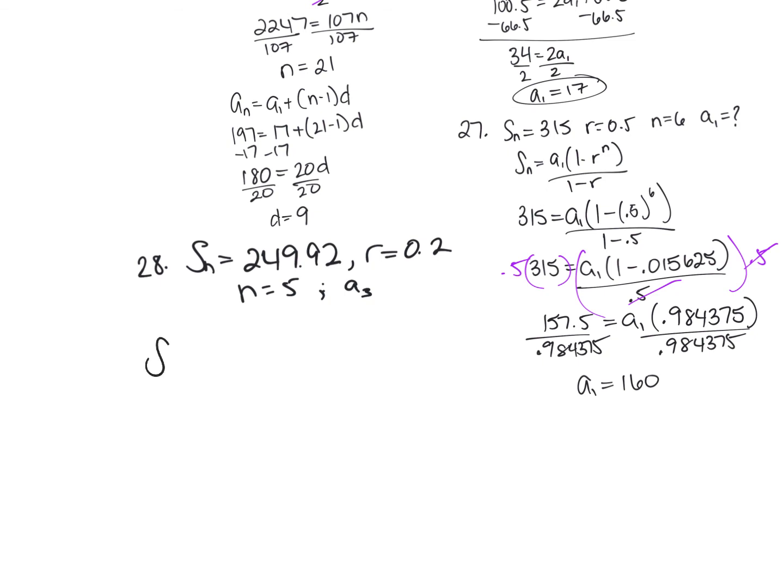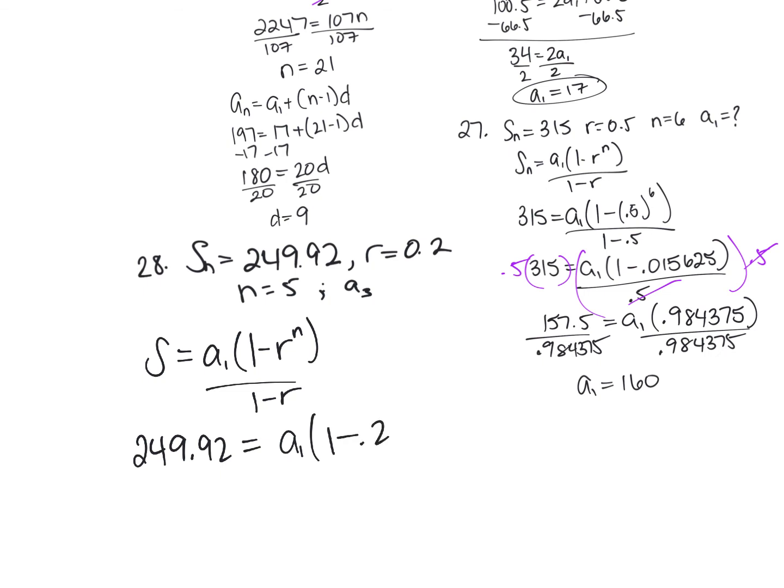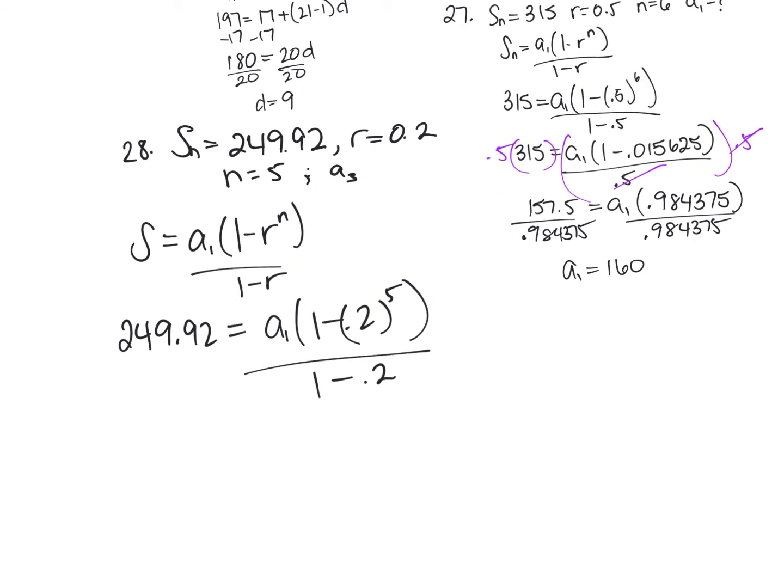So we're back to that same equation we used on number 27. Sum is a_1 times 1 minus r to the n over 1 minus r. So 249.92 is equal to a_1, that's what we need to know in order to find a_3, times 1 minus 0.2 to the fifth over 1 minus 0.2.